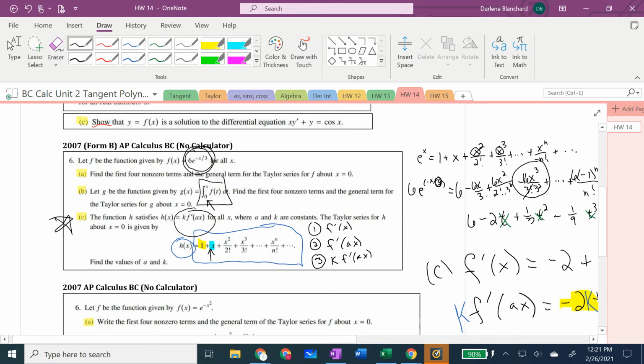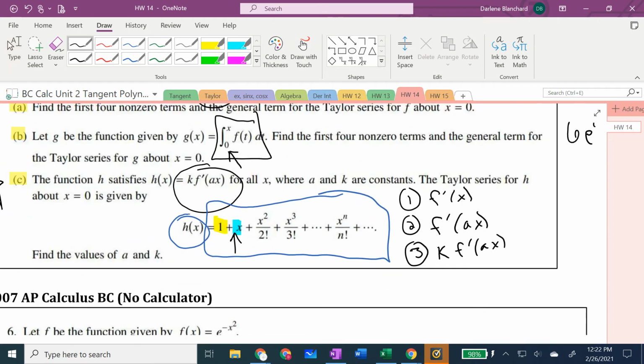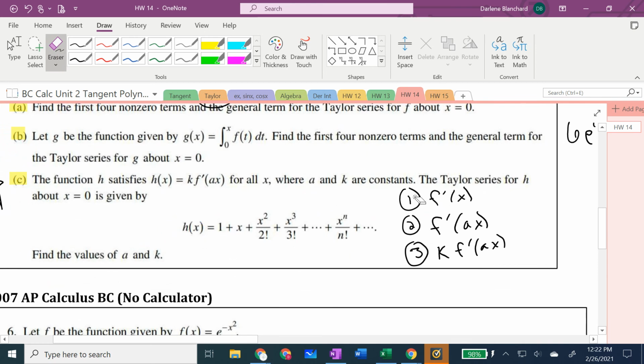So there they are. Now, another way you could have done it is if you had read over it and thought about it and planned a little bit, you could have seen, hey, this is e to the x. Let me erase all this.